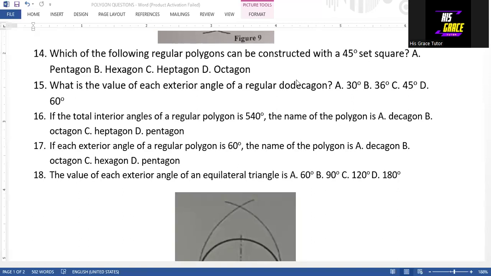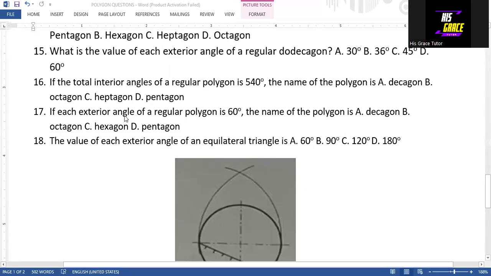So if we know the number of sides to be 12, then we divide 360 degrees by 12, and that will give us 30 degrees. So the exterior angle of a dodecagon is 30 degrees. 360 by 12 gives us 30.